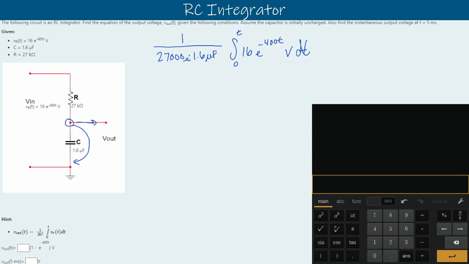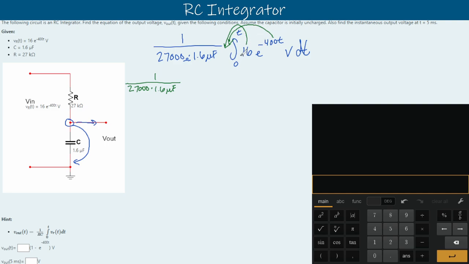Let's write it out one more time here, because we need to pull out our integral to calculate. So we currently have 1 over 27,000 times 1.6 microfarads. And when we pull out our derivatives here for our integral, 16 goes out front and the negative 400 goes out front, but they have a relationship together.